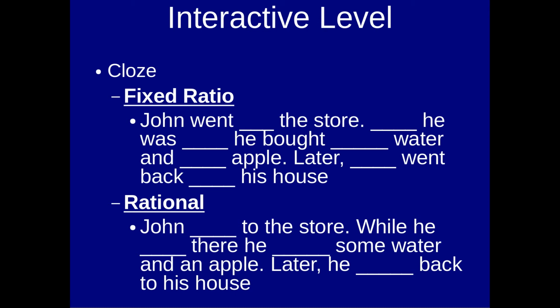While he blank was there, he bought some water and an apple. Later, he went back to his house, or he returned, whatever. So in every sentence here in the rational, I removed the verb. The student has to figure out what is the appropriate verb to make the sentence flow, but also to fit with the rest of the paragraph. So that's how rational works.